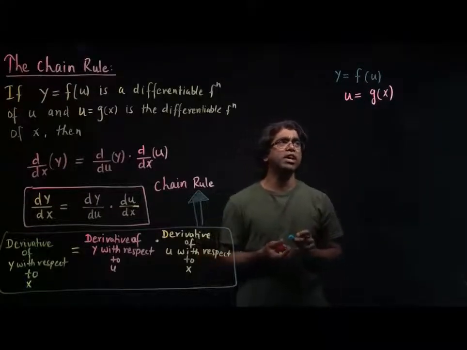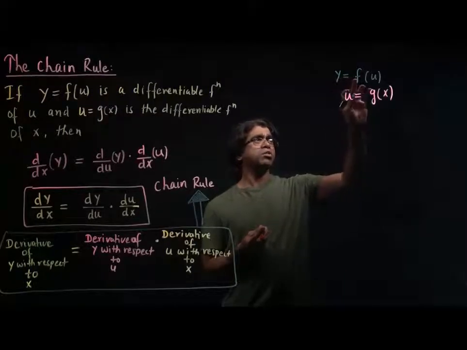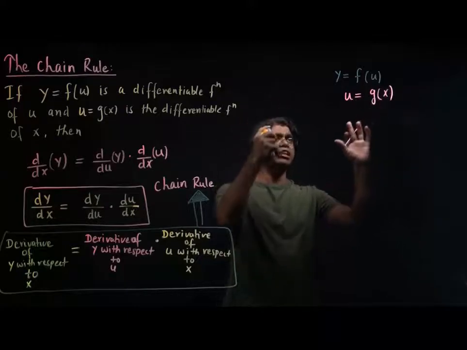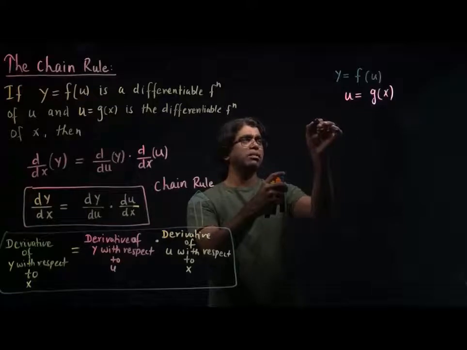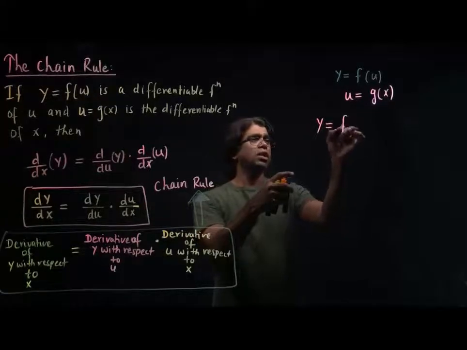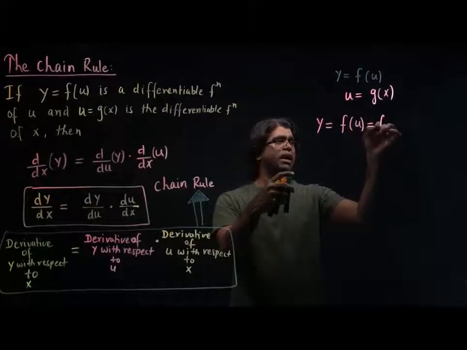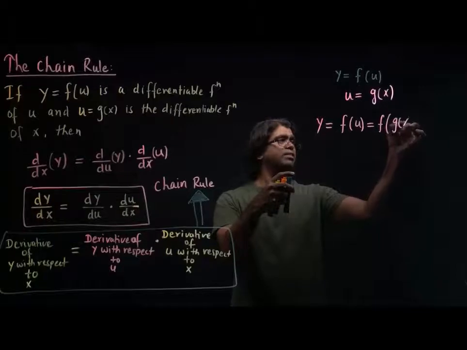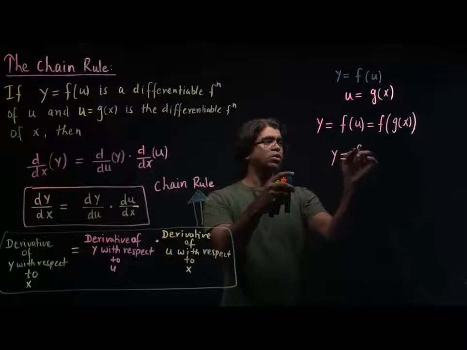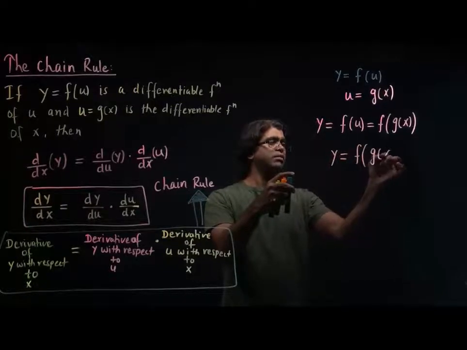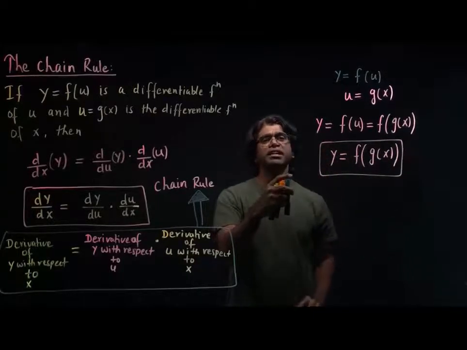So if I combine these two functions and write the function y in terms of x, y is equal to f of u, and u is my g of x, so I will write f of g of x. So basically my function is y is equal to f of g of x, right? Now let's try to differentiate this function.